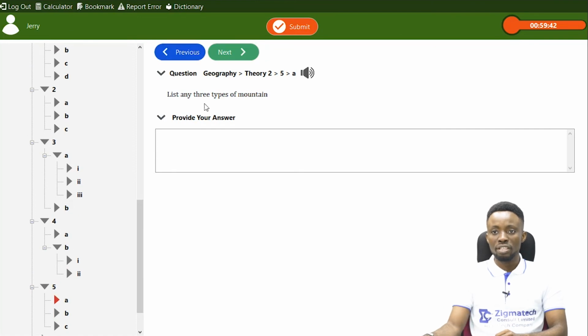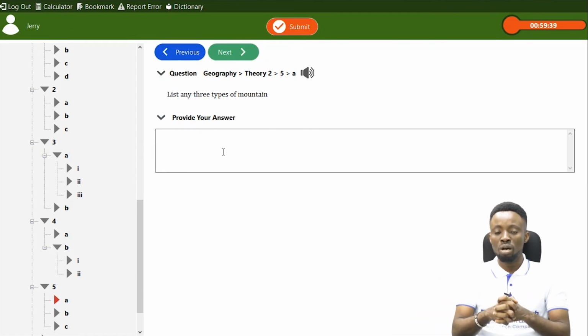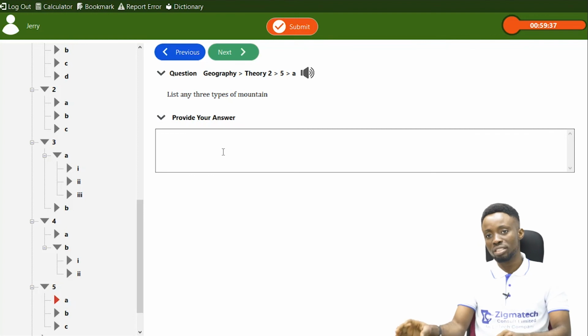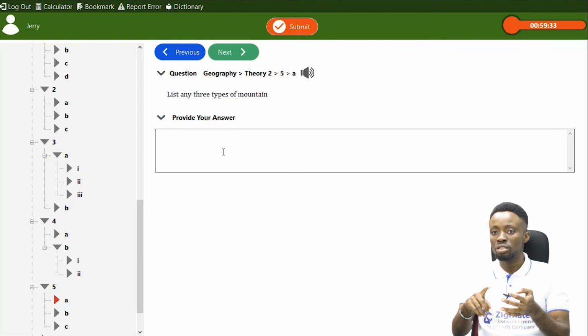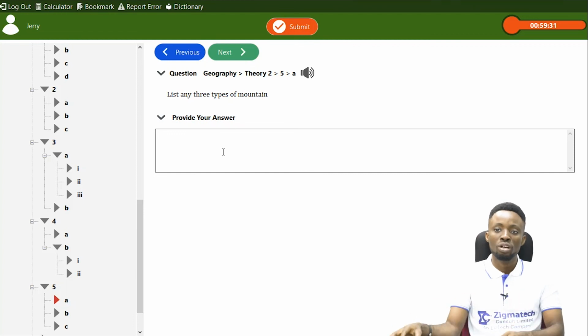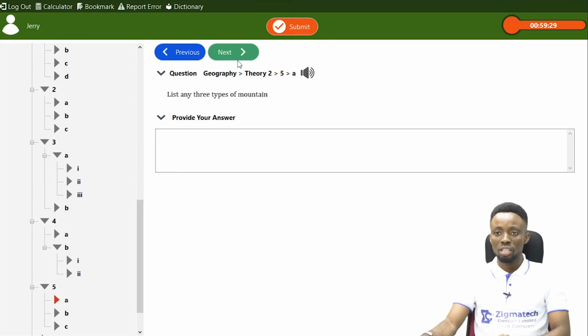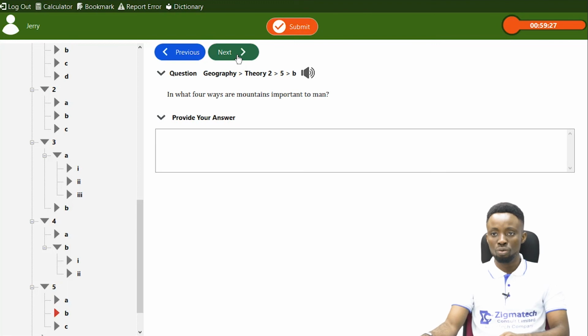Number 5 says list any 3 types of mountains. So we have the volcanic mountains, the residual mountains, the block mountains, and the fold mountains. Now the next question says, in what 4 ways are mountains important to man?